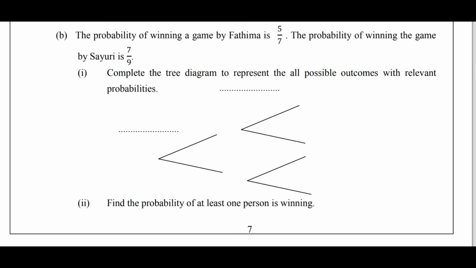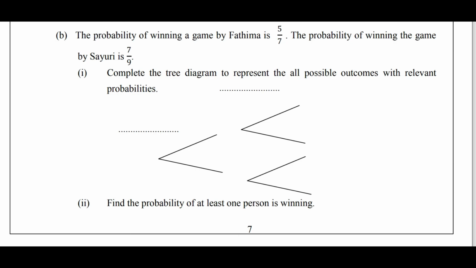Last part of the paper, part B. The probability of winning a game by Fatima is 5 upon 7. The probability of winning the game by Sayuri is 7 upon 9. Complete the tree diagram to represent all possible outcomes with relevant probabilities.